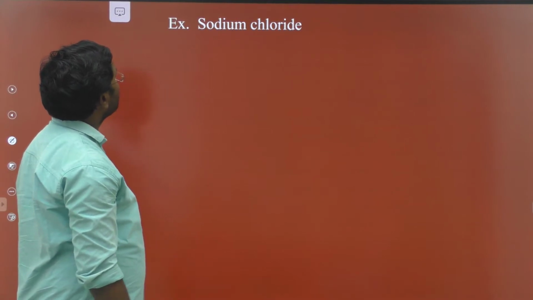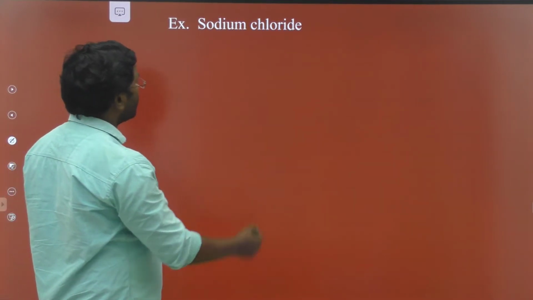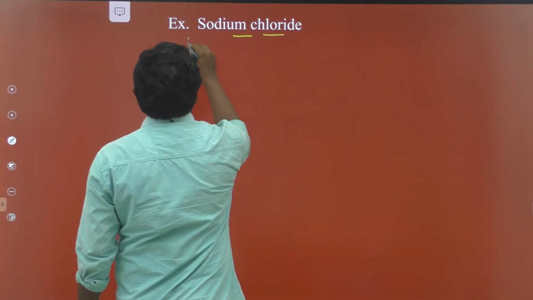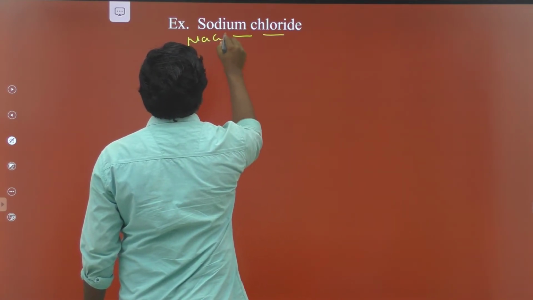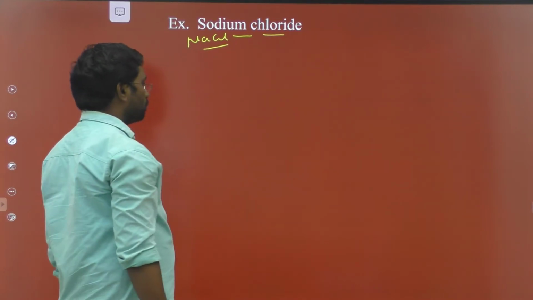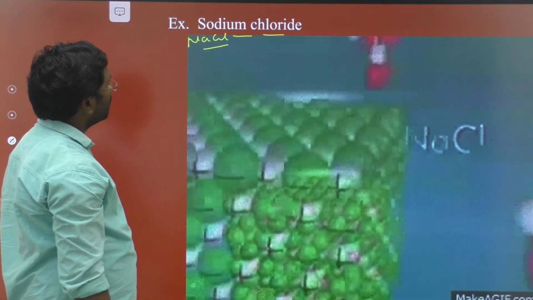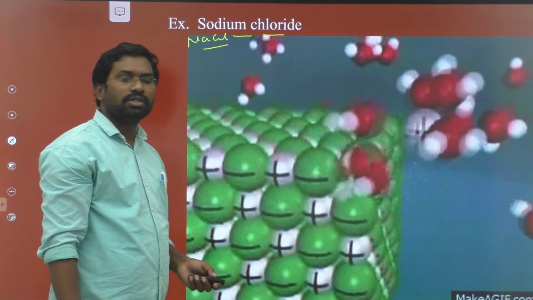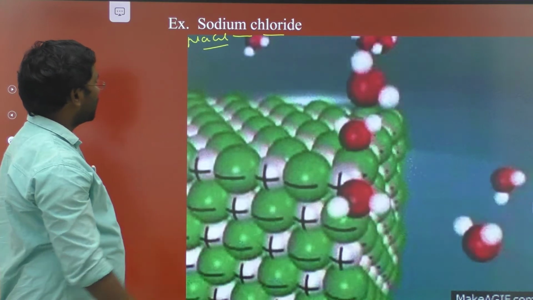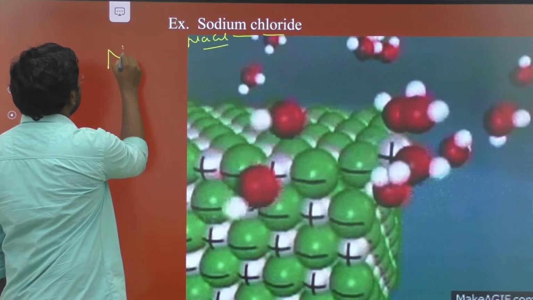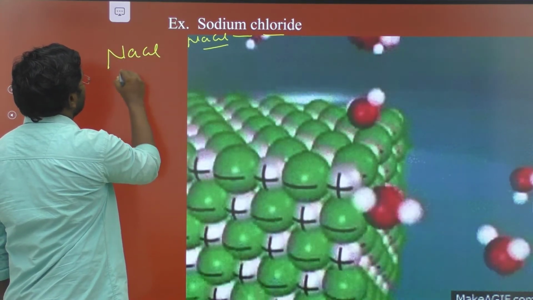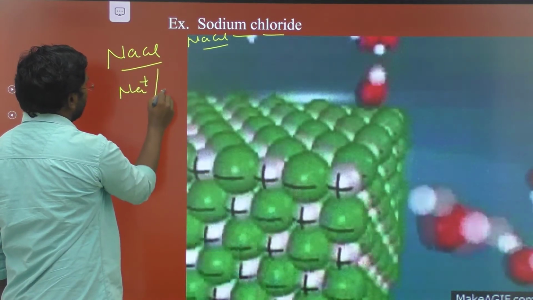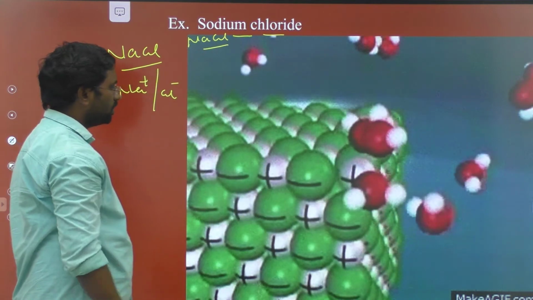The best example of a crystalline solid is sodium chloride. This is known as the rock salt structure. Sodium chloride, rock salt, general formula NaCl, is the best crystalline solid. Look at this image, showing the arrangement of the particles in sodium chloride. It consists of Na+ ions and Cl- ions.